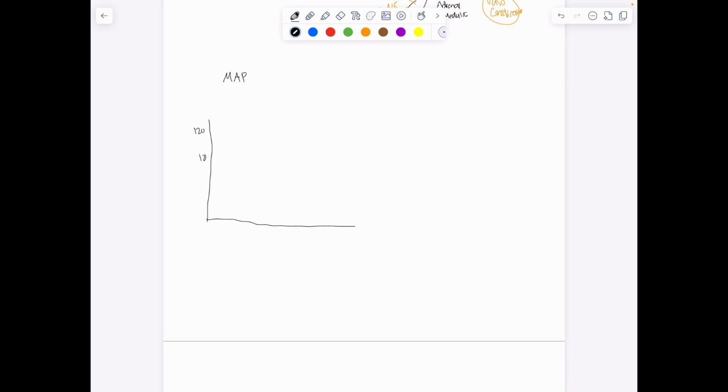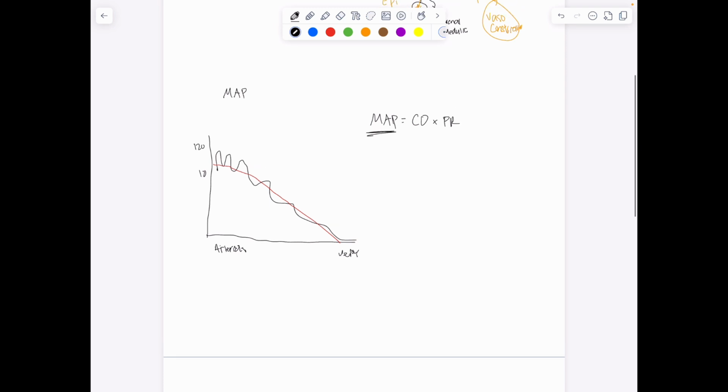And as we go through our arteries and veins, it goes like this. So this is what our pressure would normally look like, and our MAP is just going to be the average of that, which will kind of look like this. To calculate MAP, it's going to be our cardiac output times our peripheral resistance, and that determines our MAP.